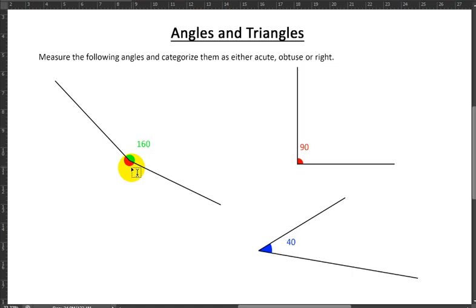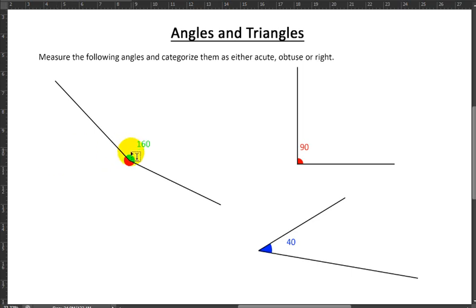Now, to think about this, what you need to consider is that this is basically the entire way around. This is a complete circle. So altogether, this needs to be 360 degrees because it's a complete circle. If I start from here, go all the way around, I'm back where I started. That's 360 degrees, a complete circle.